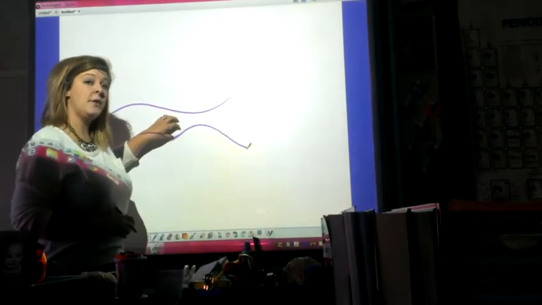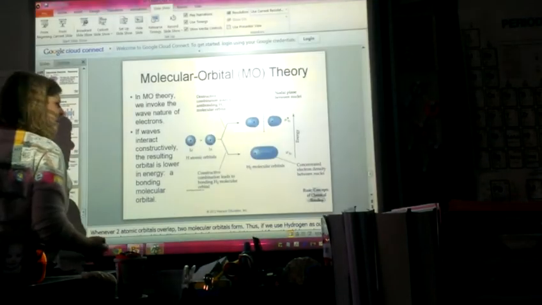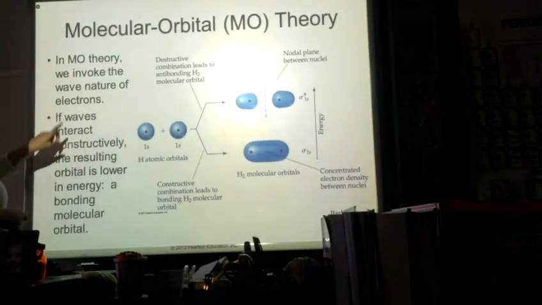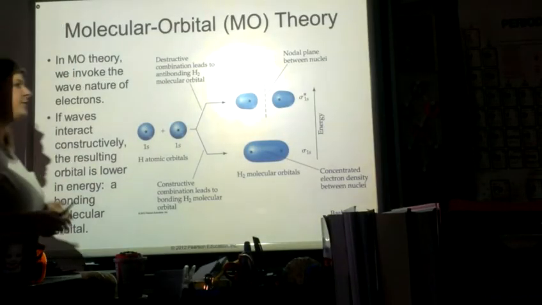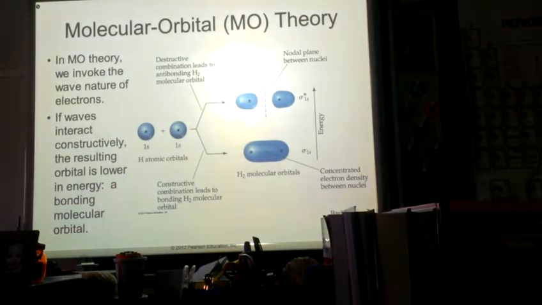They're going to cancel one another out, okay? So that's what I mean when we're talking about constructive interference and destructive interference. For example, I can see that on my board right now, the constructive and the destructive.